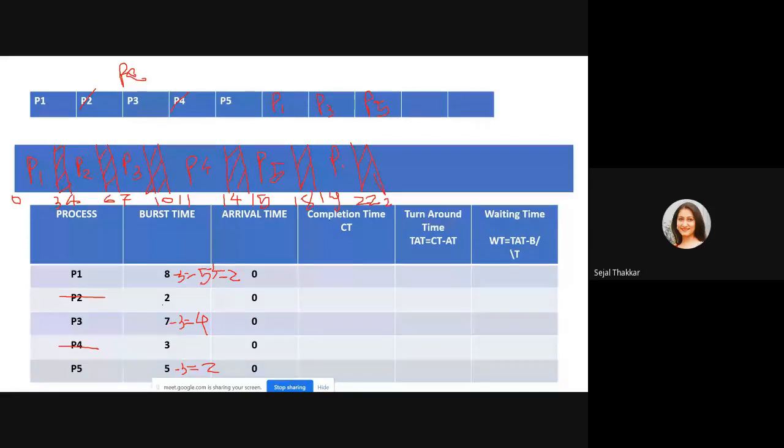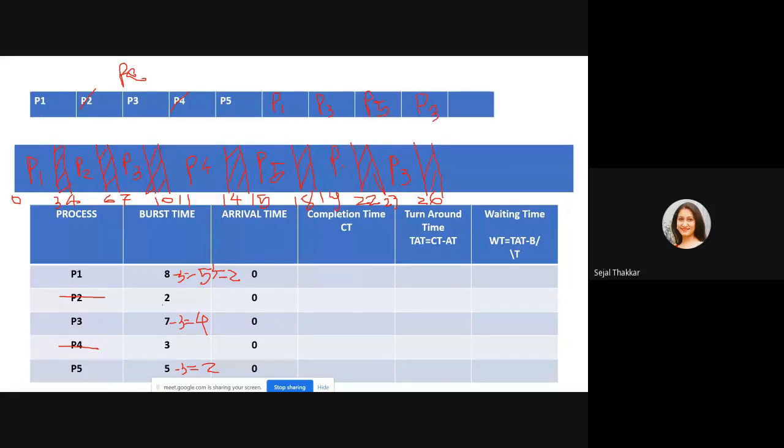So at 23, the remaining process P3 will come, because P2 and P4 have completed, and P3 has 4 units of execution remaining. So P3 will complete 3 units at 26. Then P3 will again go from the running state to the ready queue, and this is called context switching. It has taken 1 unit of time.